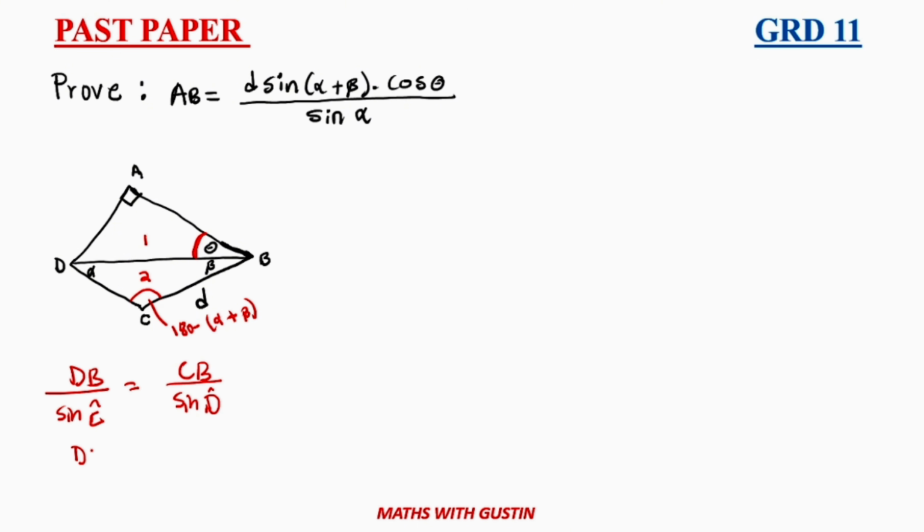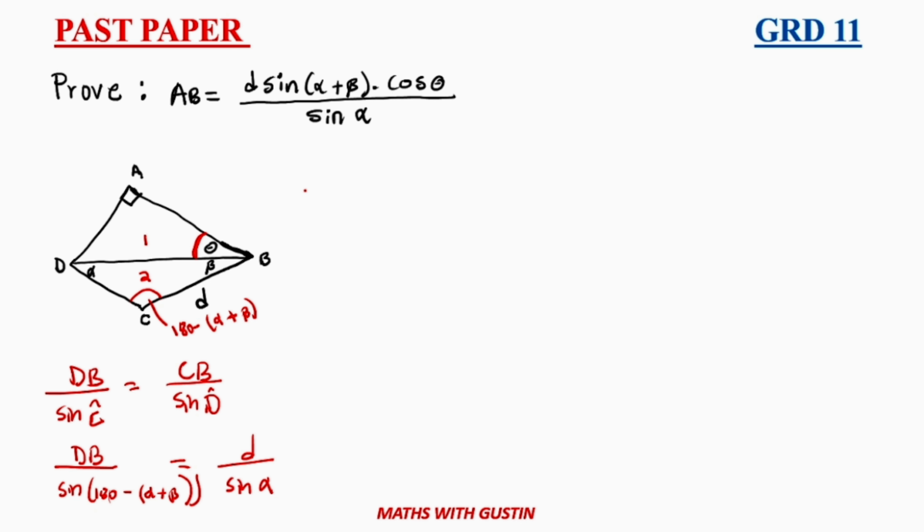We are looking for DB all over sine of 180 minus in brackets alpha plus beta, is equal to D all over sine alpha in this case. So like I said earlier, anything that has got a 180 minus in brackets, as long as it's a sine, will just be sine of whatever is in the brackets.